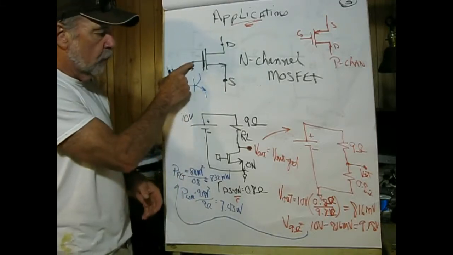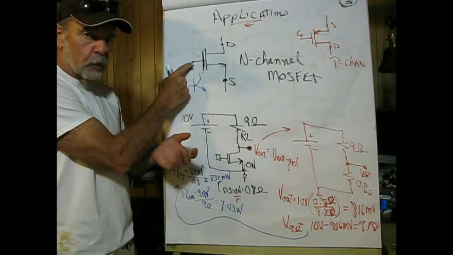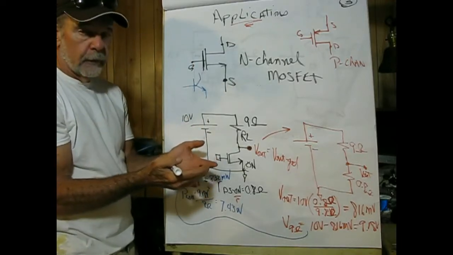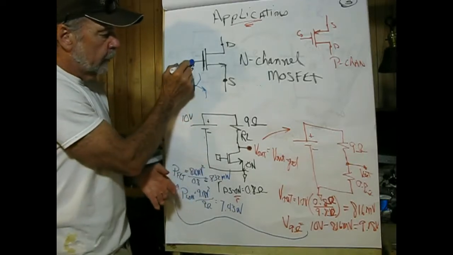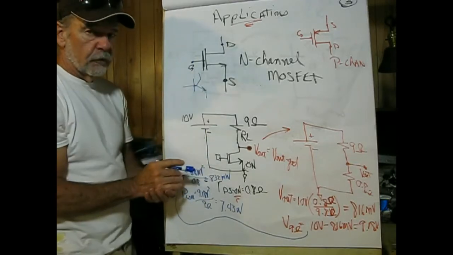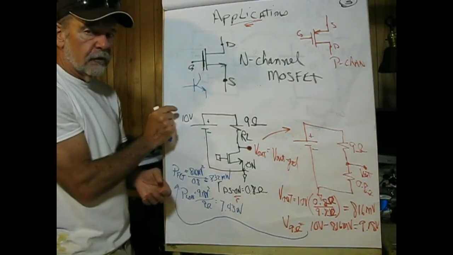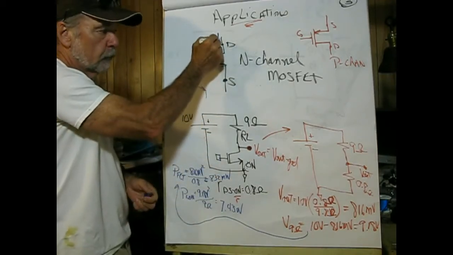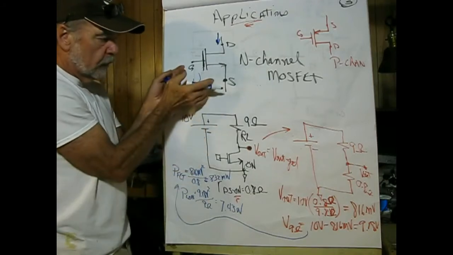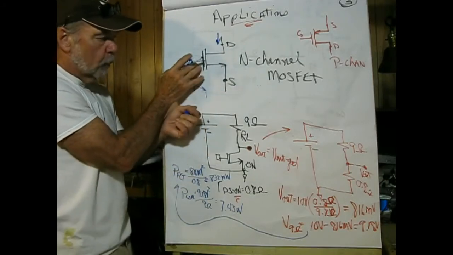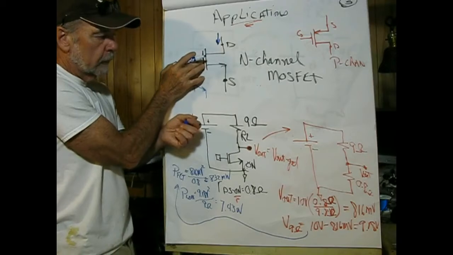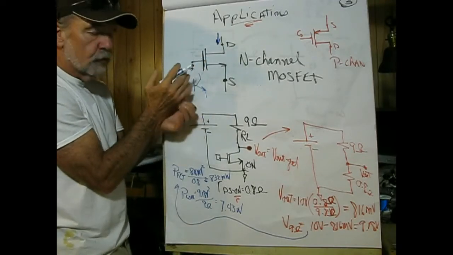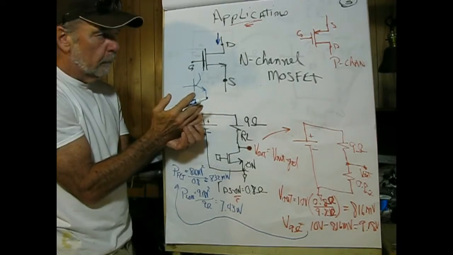If I take the smallest of batteries, maybe a 12-volt garage door opener battery or a 9-volt transistor radio battery, and make the gate positive with respect to the source, I turn this device on and hundreds of amperes can flow through this. So by a simple little voltage here, which is insulated from the channel, I can switch huge amounts of current.